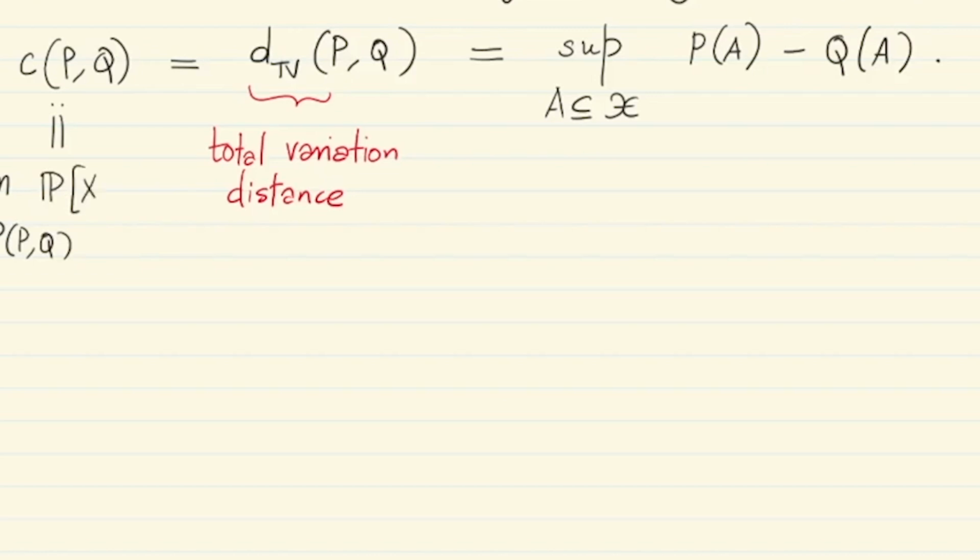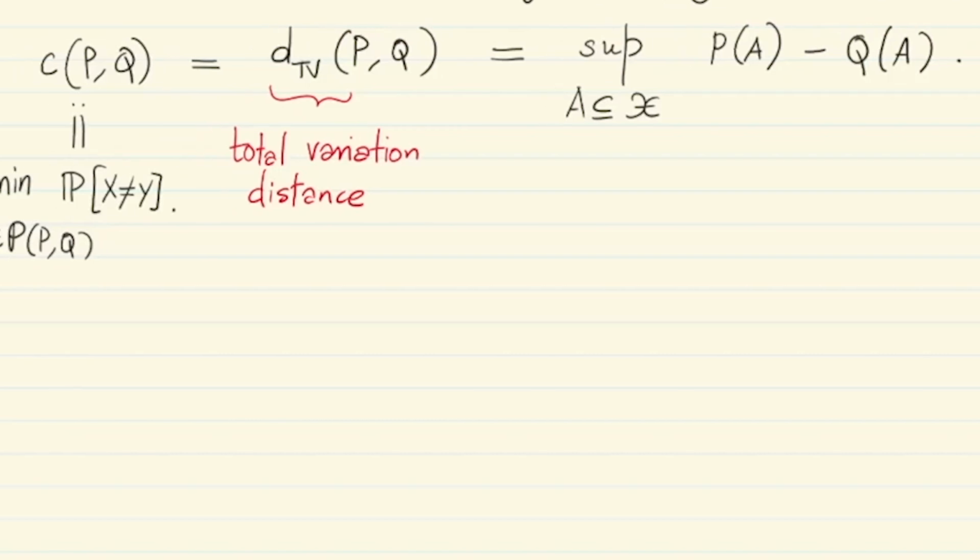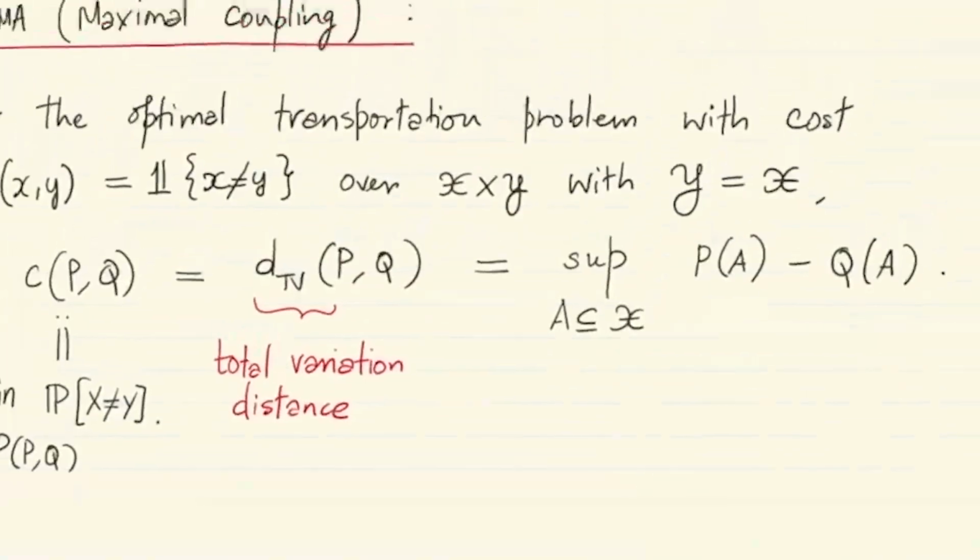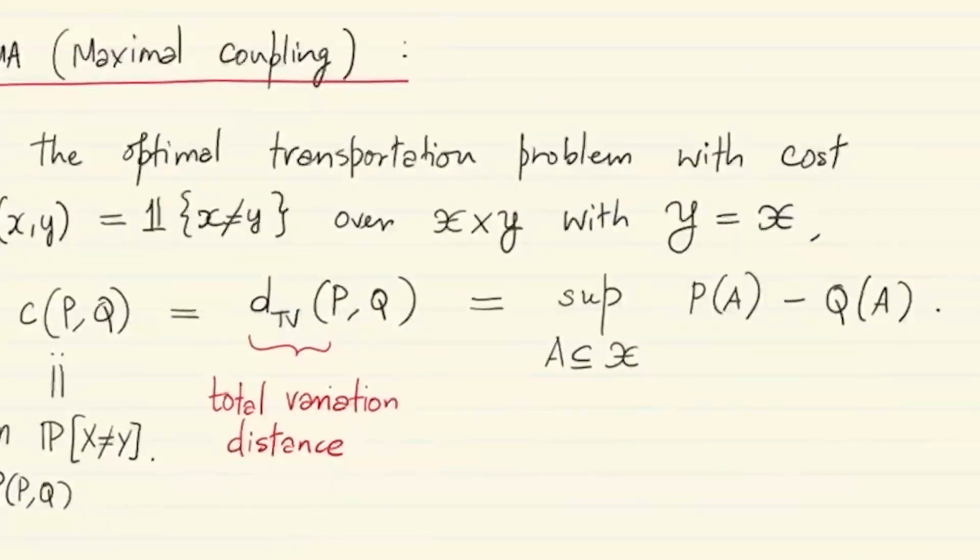So it is the probability that x is not equal to y over all joint distributions with given marginals P and Q. The content of the lemma essentially says that the total variation distance is actually the solution of a transportation cost problem, where the cost structure is given by the indicator x not equal to y.